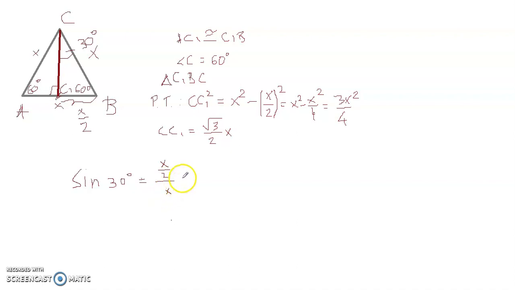When we solve this double fraction, we get that this is equal to 1/2. Sine of 30 degrees is 1/2.